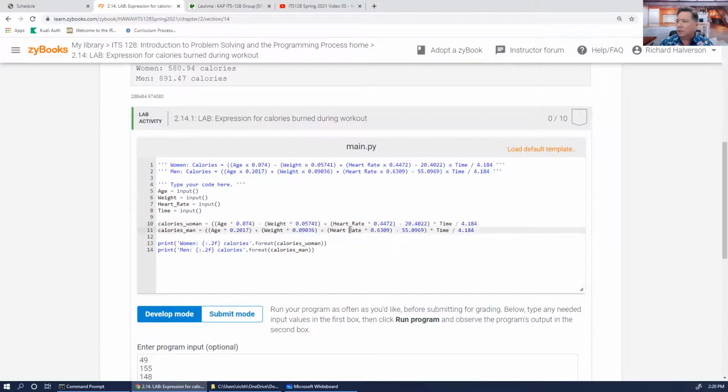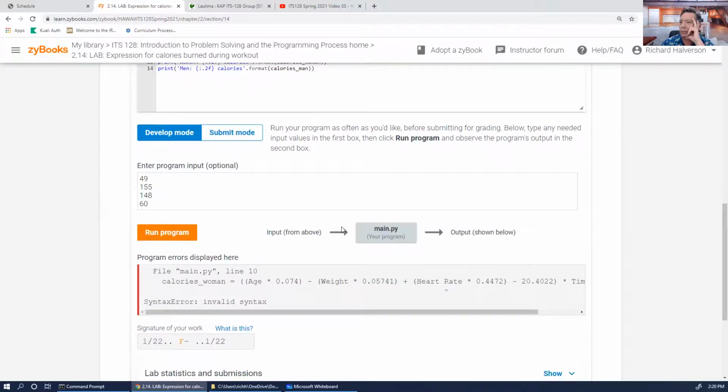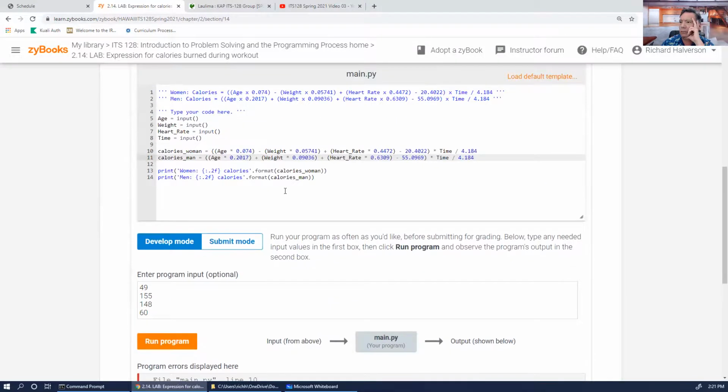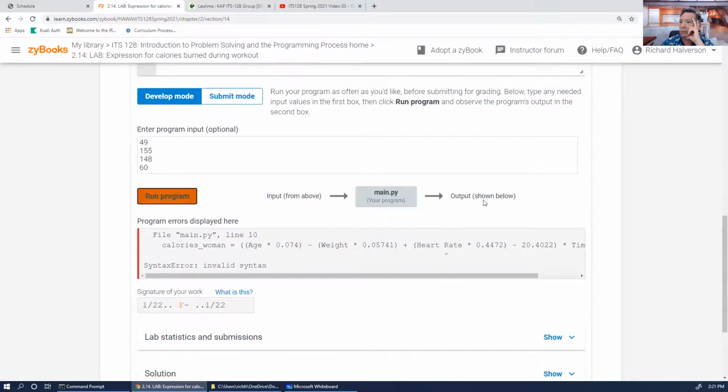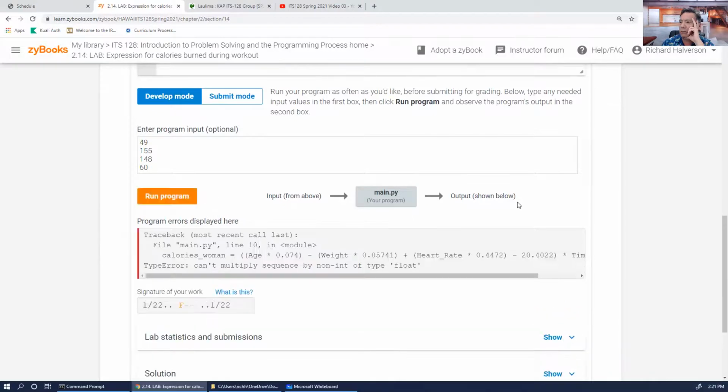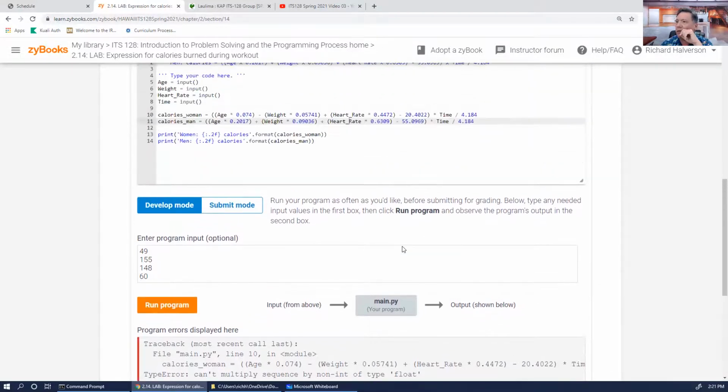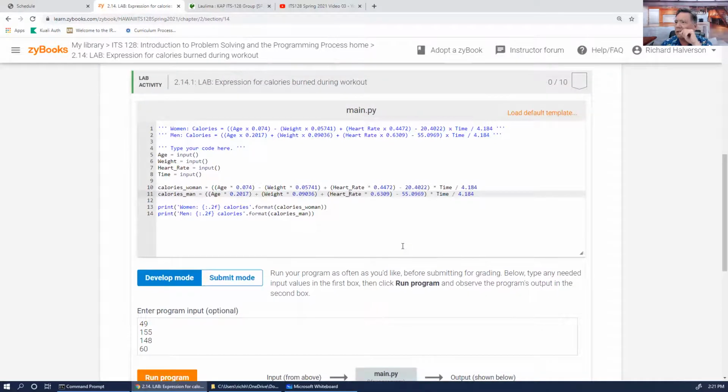Heart rate. Can't multiply sequence by non-int of type float. Int? Oh, all right.